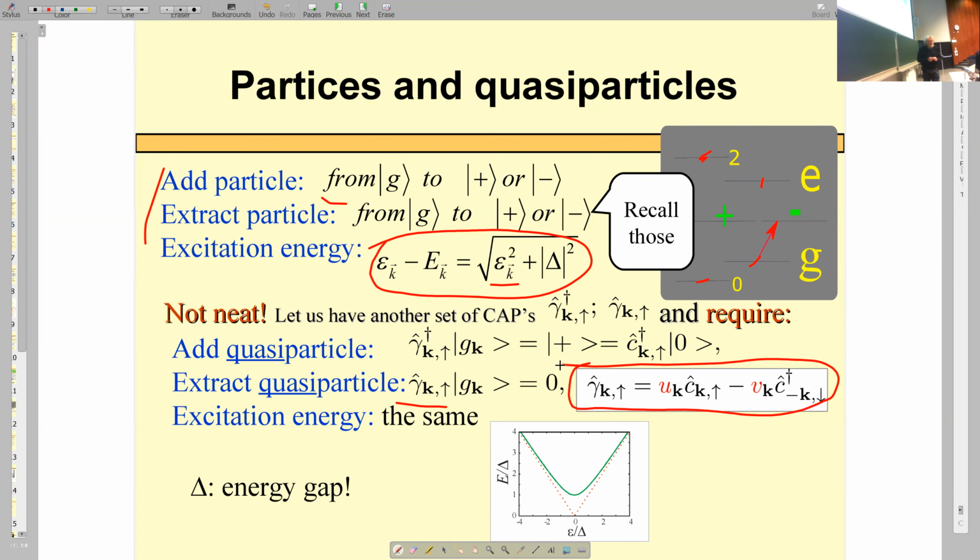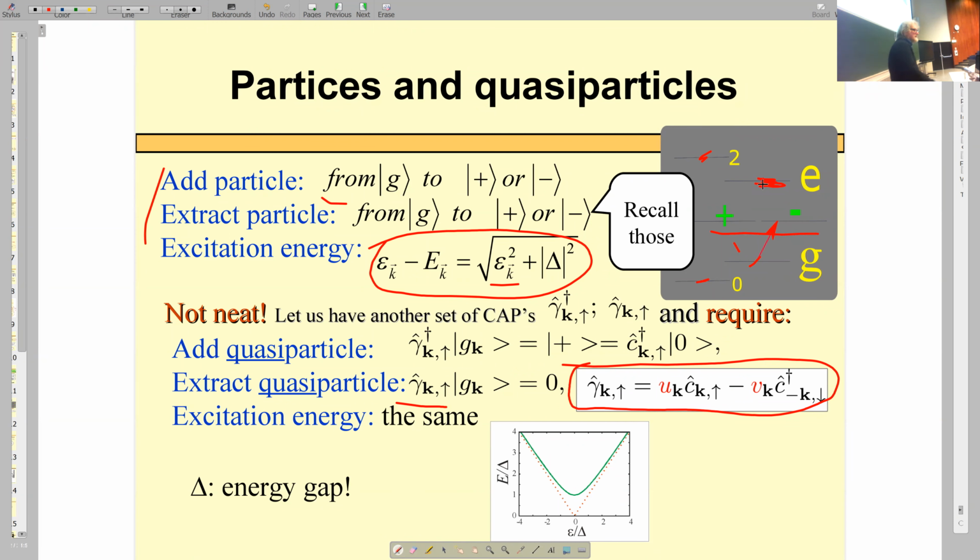If you recall what Max told you, when was it, 2 weeks ago, on Monday, that's precisely it. We have to make a linear transformation of creation and annihilation operators to come to new operators to go from creation of particles to creation of quasi-particles. Now it's okay, we cannot kill anything in vacuum, and we can create a single quasi-particle, go to the states plus and minus, or we could create two quasi-particles, go into this excited state.